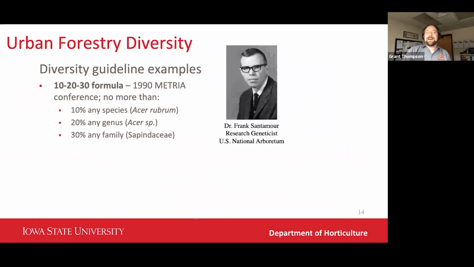And urban diversity guidelines have been discussed in the literature and elsewhere for more than 30 years. One of the very common ones that's still used, debated, but still used, was introduced by Frank Santamour in the 1990 Metria Conference, called the 10-20-30 rule and or formula.